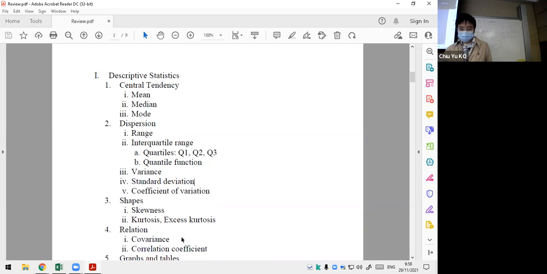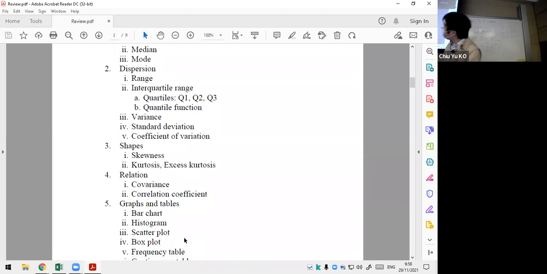And we also learn skewness and kurtosis, okay? They are very useful measures. Skewness asks whether the data is asymmetric on one side, and kurtosis is whether you have a longer tail or fatter tail.